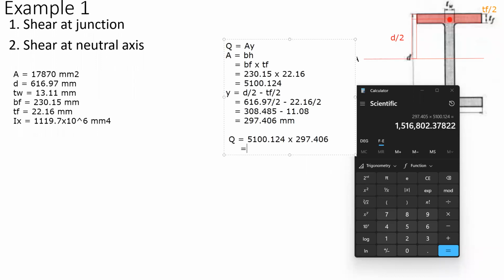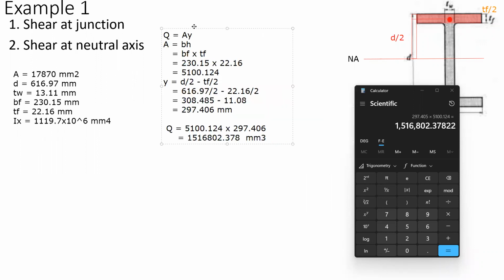So Q now would be equal to 1,516,802.378 millimeter cube.